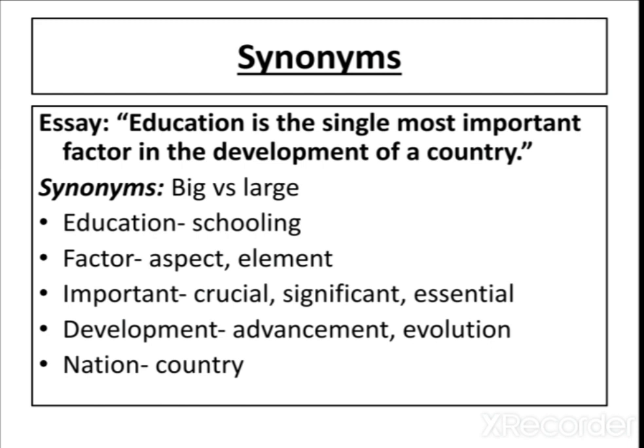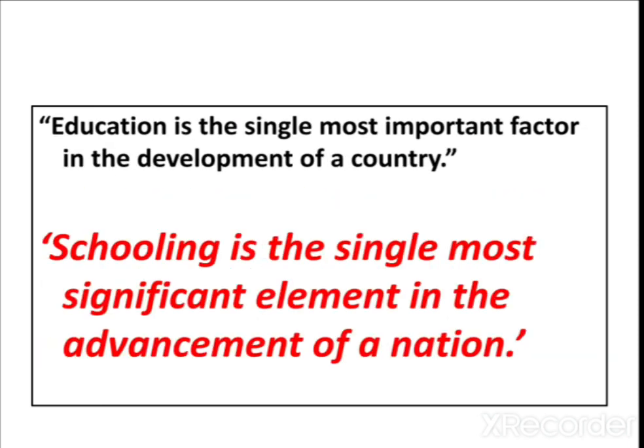Okay, so if we want to change this now, instead of saying education is the single most important factor in the development of a country, a first step could be changing these words to, see in red, schooling is the single most significant element in the advancement of a nation. Okay, so this is just one example.